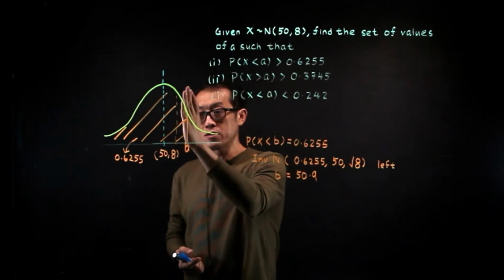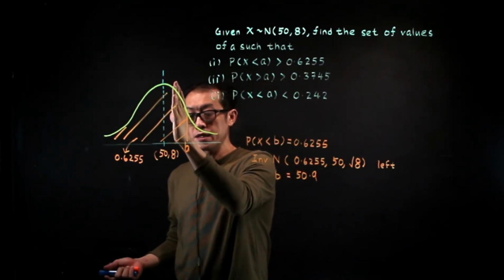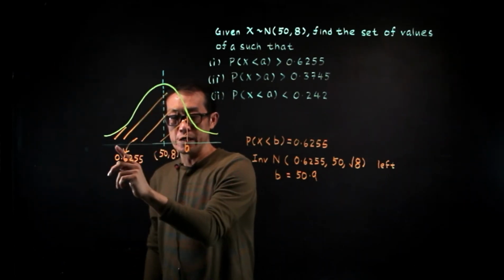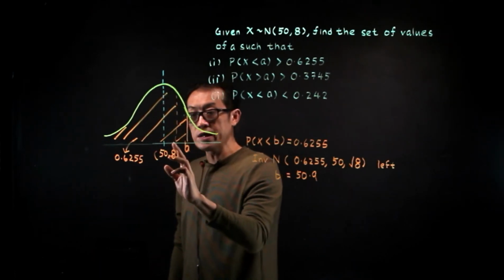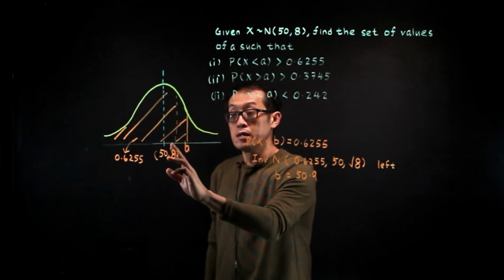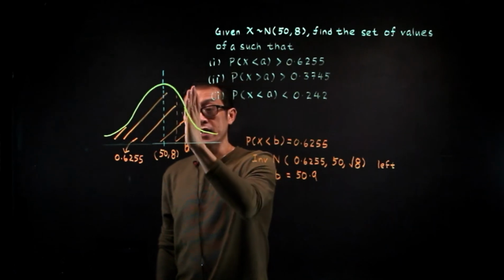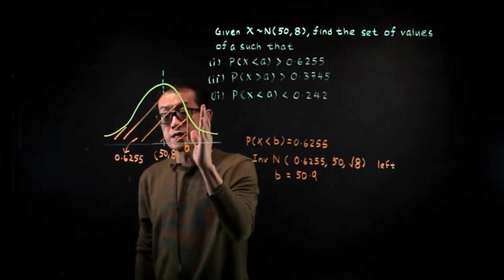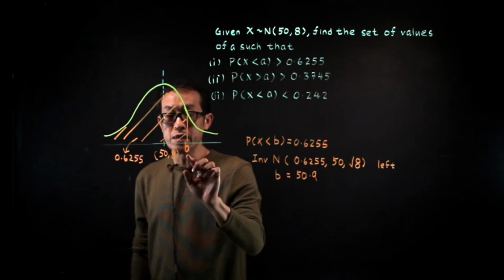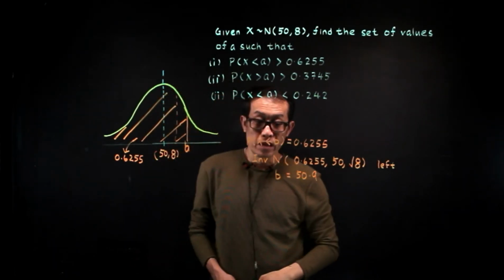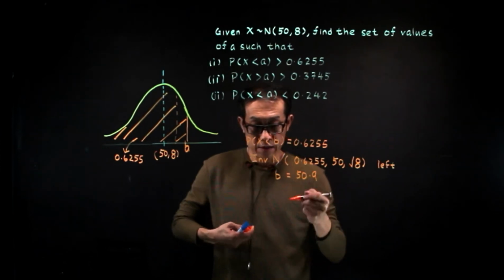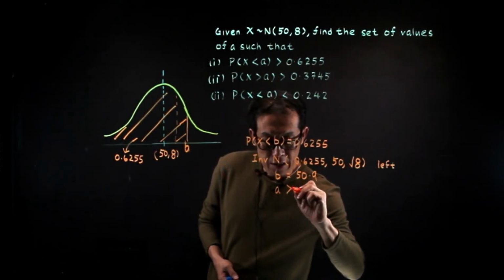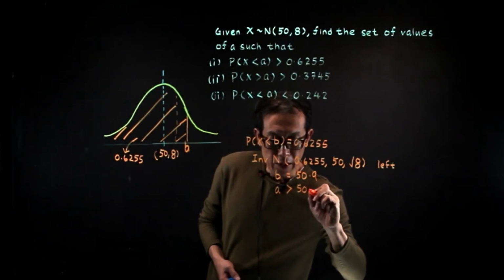If A is on the right hand side of B, anywhere here, then the probability of x less than A will be less than 0.6255. So in this case, A has to be greater than 50.9.